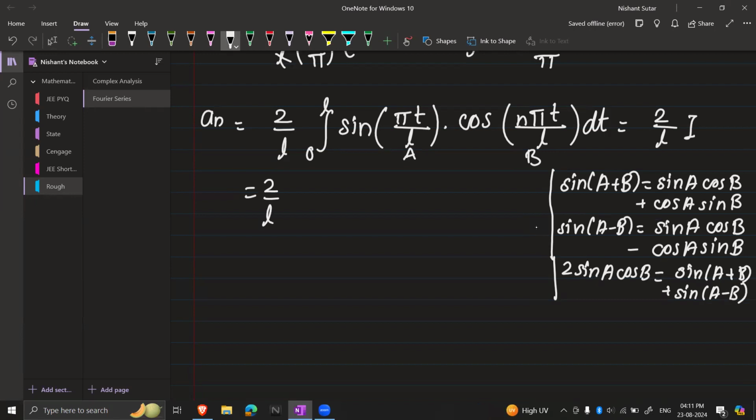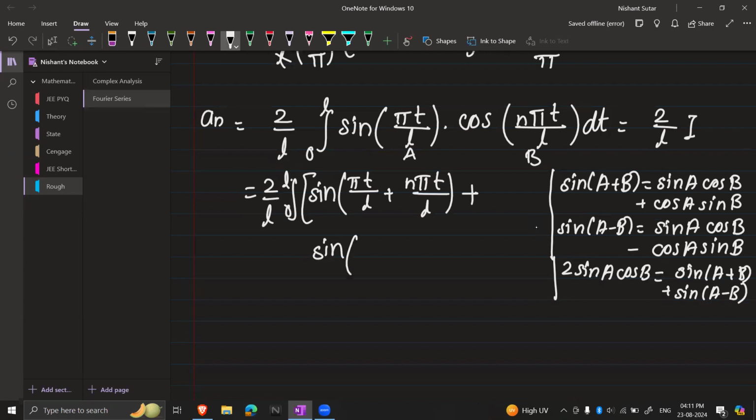So I will have 2 upon L integral 0 to L of sine a plus b, which is sine of pi t by L plus n pi t by L, plus sine a minus b, which is sine of pi t by L minus n pi t by L, divided by 2, dt.